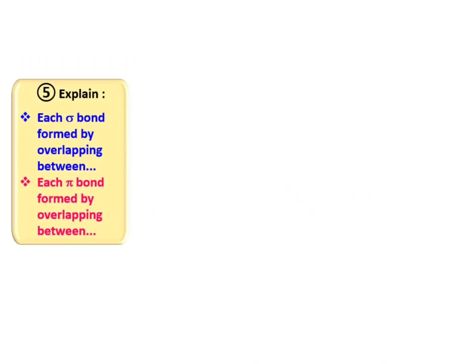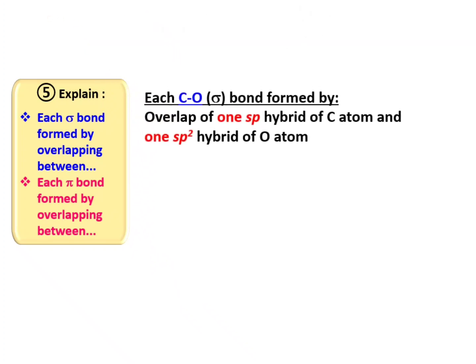Okay, last step, we need to explain about the formation of sigma bond and the formation of pi bond. Okay, for the sigma bond, we know that between carbon and oxygen, overlapping of one sp hybrid orbital of carbon atom with one sp2 hybrid of oxygen atom.